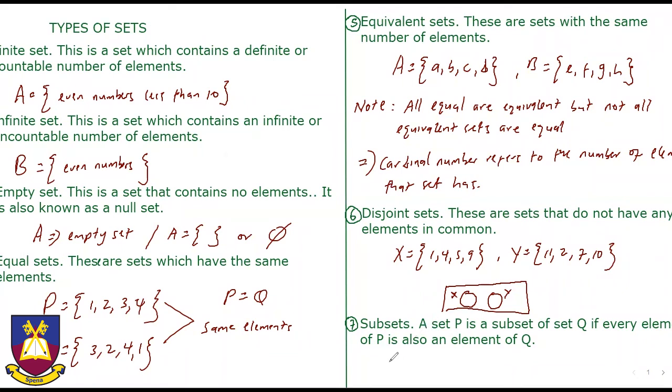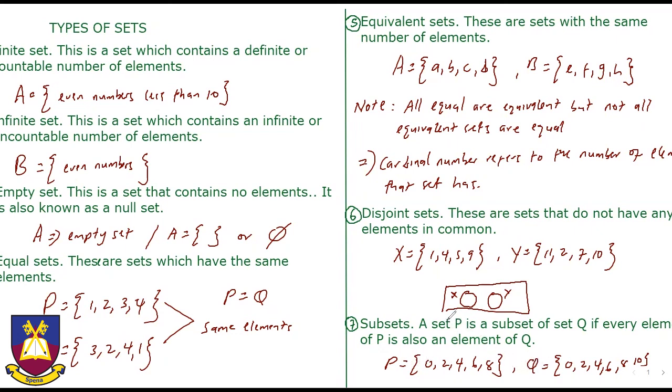For example, if P contains the numbers 0, 2, 4, 6, and 8, and Q contains the numbers 0, 2, 4, 6, 8, and maybe 10, then P is a subset of Q because every element in P is also in Q.